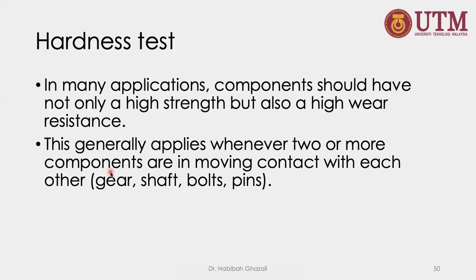This is especially so for real structures that experience friction. For example, the gear, which touches one to another. The shaft, the bolt, which is in contact with the surface of another part, the pin itself. So hardness is very important for this kind of component.